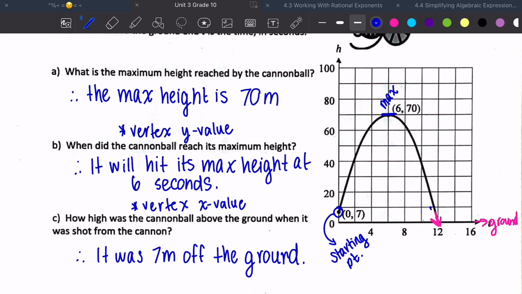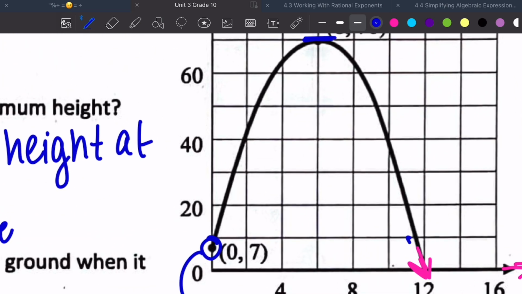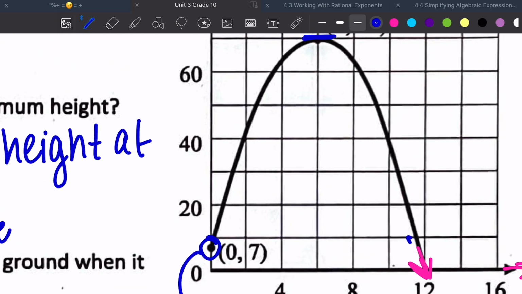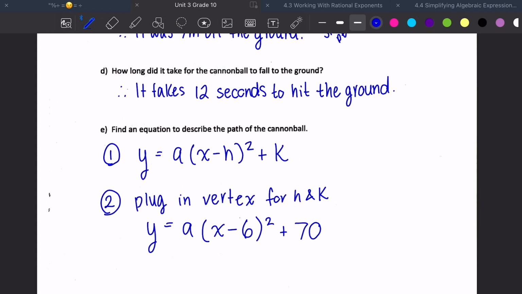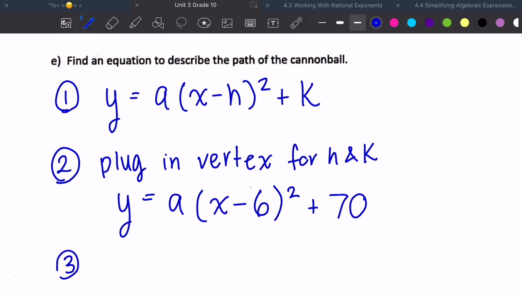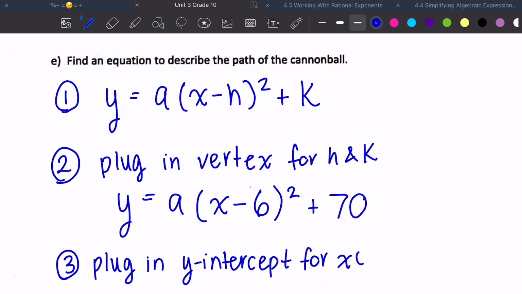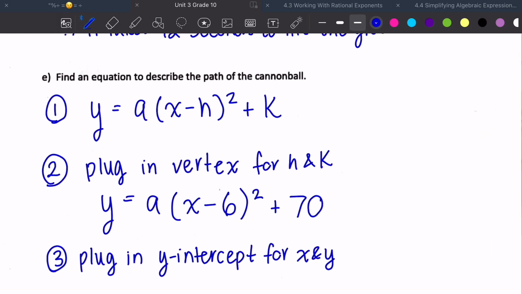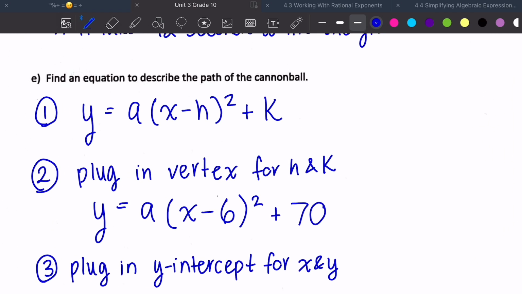So I can pick any point on this graph, and we'll plug it in for X and Y. I'm going to choose our y-intercept since it's perfectly there and defined for me, but you could choose any point. So step 3 is plug in the y-intercept for X and Y. This would look like my y value is 7 and my x value is 0.